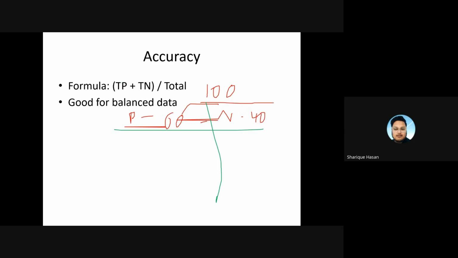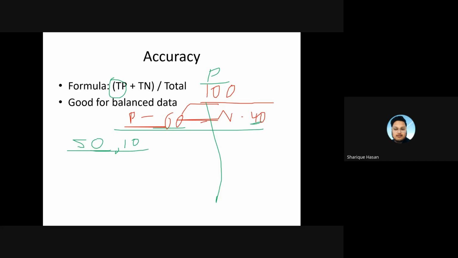what is true positive? Suppose out of these 60, this is the predicted value by our model. Out of these 60, the actual patients who have the disease are 50, and 10 patients who don't have the disease are predicted falsely.